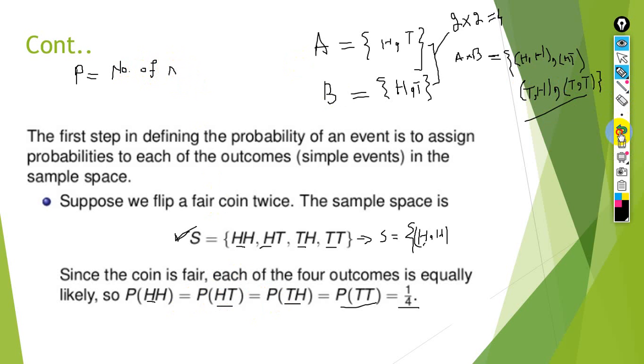The formula for probability is equal to the number of favorable outcomes divided by the total number of possible outcomes.